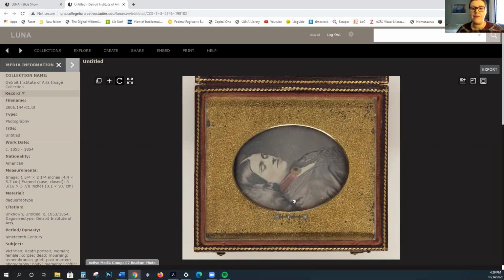Basically, you have a copper plate that's covered with silver, and it's sensitized with iodine vapor. You place it in a camera obscura, then you take it out and expose it to mercury fumes to bring out the image, because the image is not visible until you expose it to the mercury. Then you use table salt mixed with water to stop the sensitivity to light.